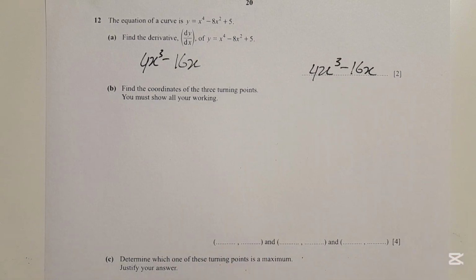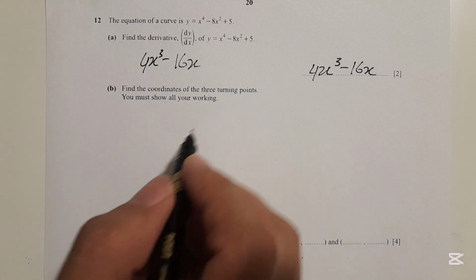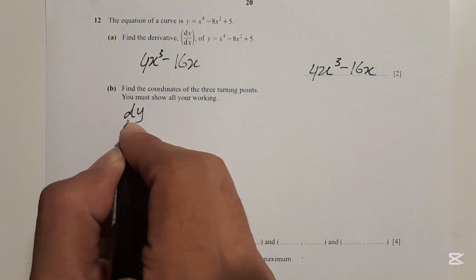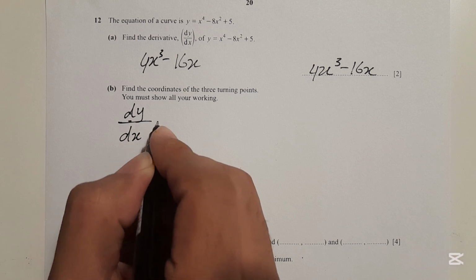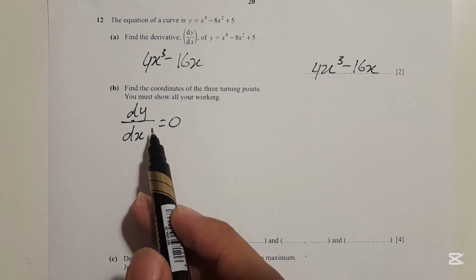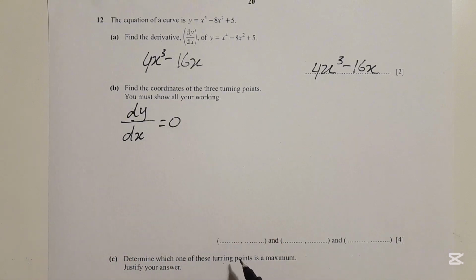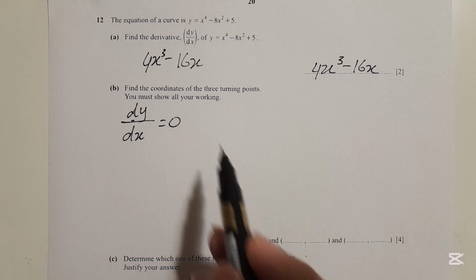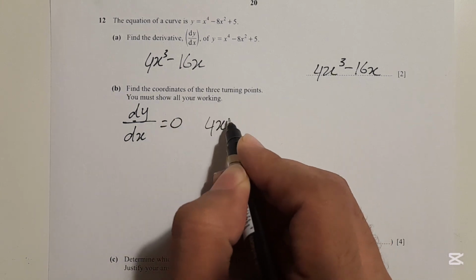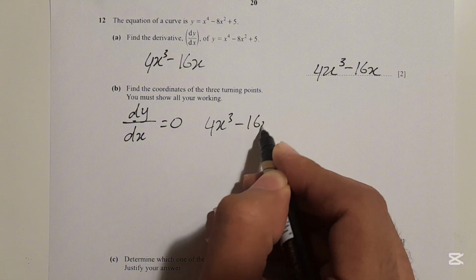Then part B states find the coordinates of the 3 turning points. You must show all your working. So dy divided by dx is equal to 0. In order to calculate the 3 turning points, first we will use the equation which we have solved in the first part, which is 4x to the power of 3 minus 16x.